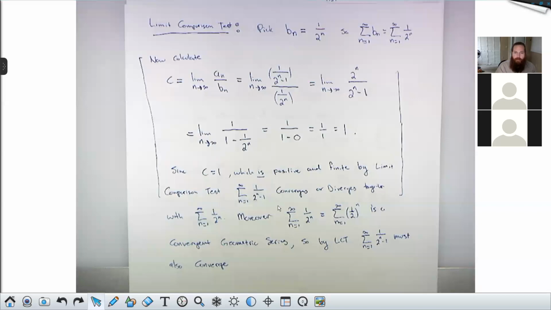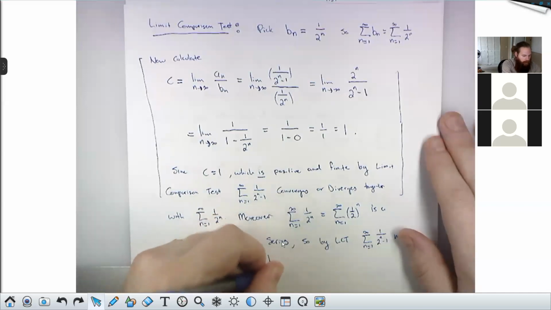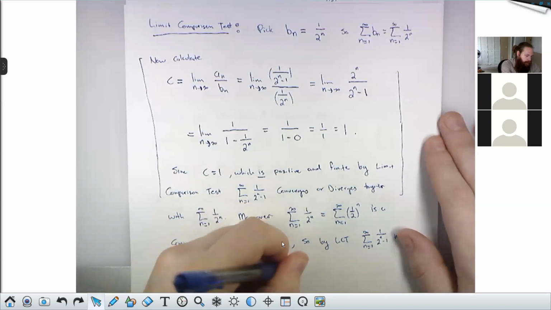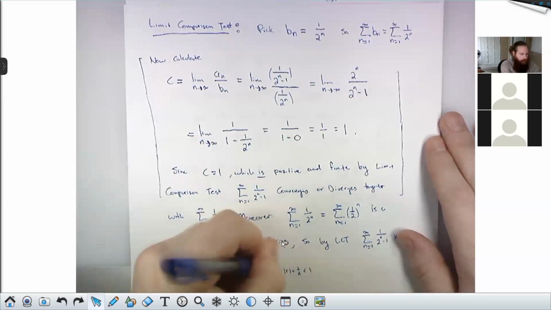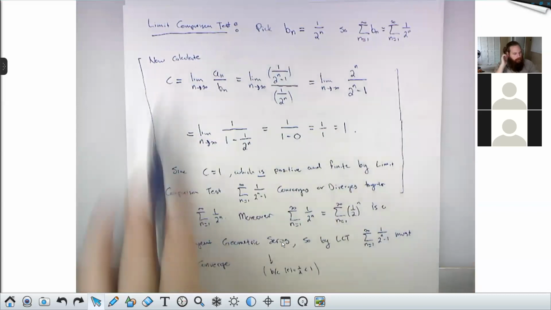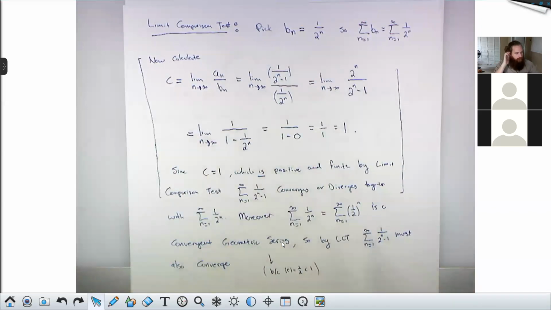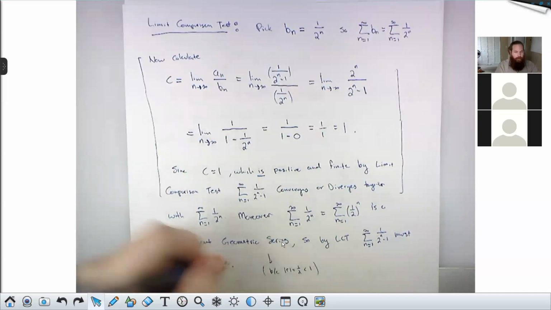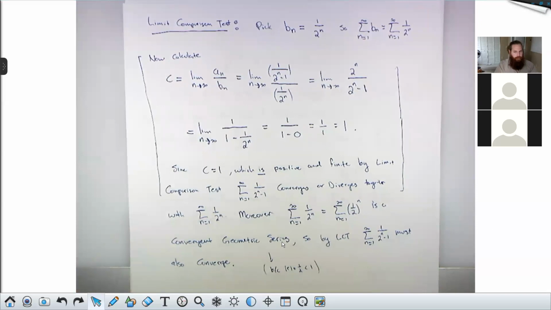I then have to go on to say the series sigma 1 over 2 to the n is convergent. We've already shown why that series converges several times, so I'm not showing it here. But it's a convergent geometric series because the absolute value of r, which is 1/2, is less than 1, right? Therefore, by LCT, since those two series play the same and this series converges, my series must converge also. That is how LCT works.